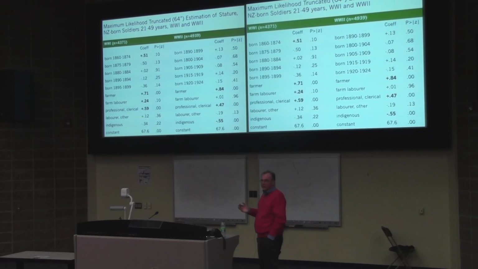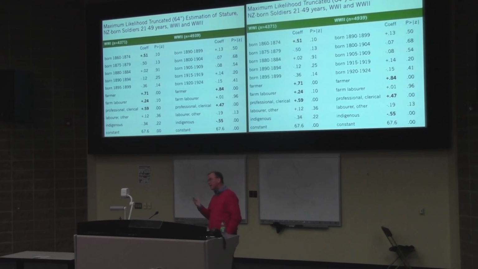That's the average stature for the omitted group in each regression, which is urban transport workers born in the late 1880s. It's the same in the two wars. So the white guys born in the late 1880s, the same height as the white guys born 1910 to 1914. That's what that's saying. No change.